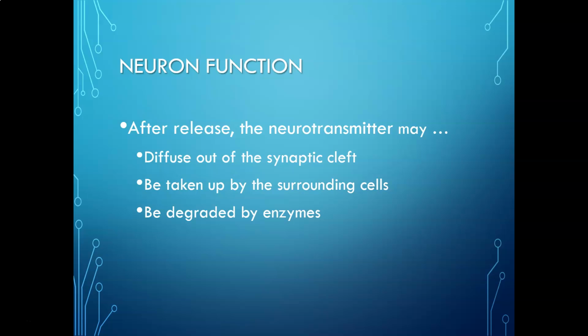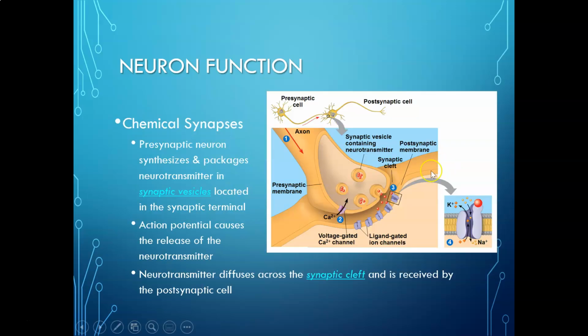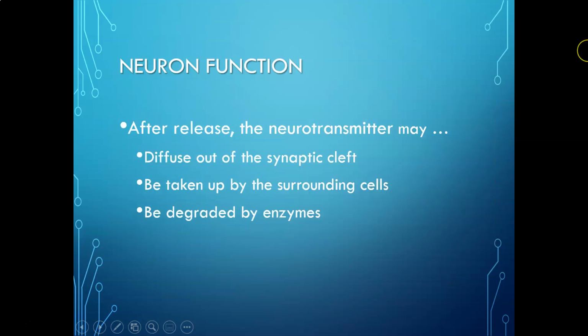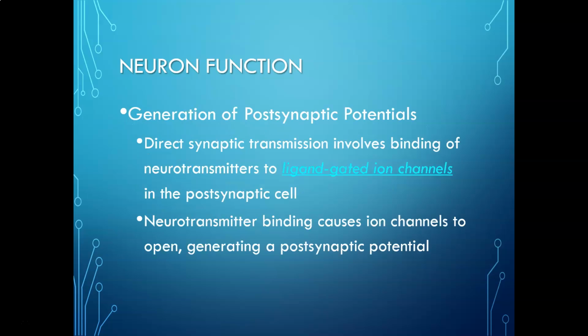When it does so, it can be taken up by a receptor on the cell membrane that can cause change. It can also diffuse straight through the cell's membrane and have a receptor internal to the postsynaptic cell, or it can be degraded by enzymes. Realistically, all three of these are going to happen. It's a question of what happens when, and how quickly each process occurs.